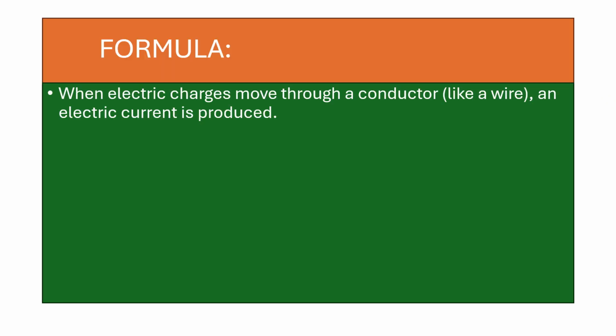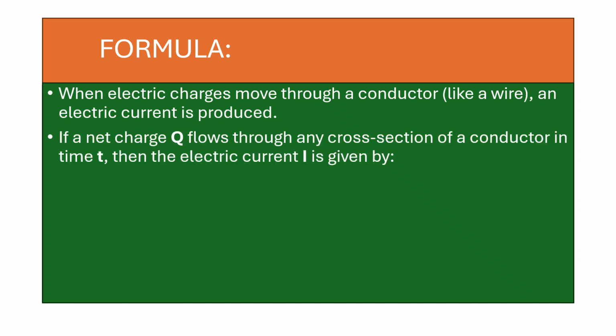Let's understand the formula step by step. When electric charges move through a conductor like a wire, an electric current is produced. Further, if a net charge, denoted by capital Q, flows through any cross section of a conductor in time t, then the current is given by I is equal to Q upon t.